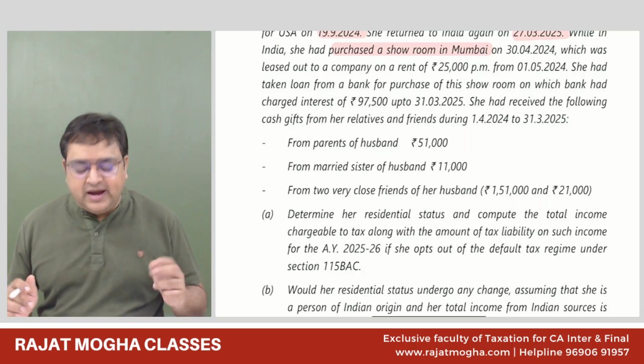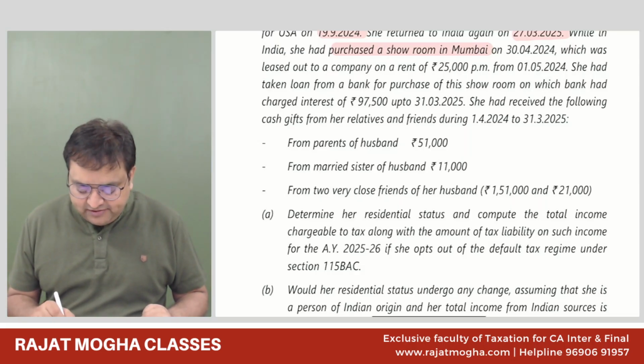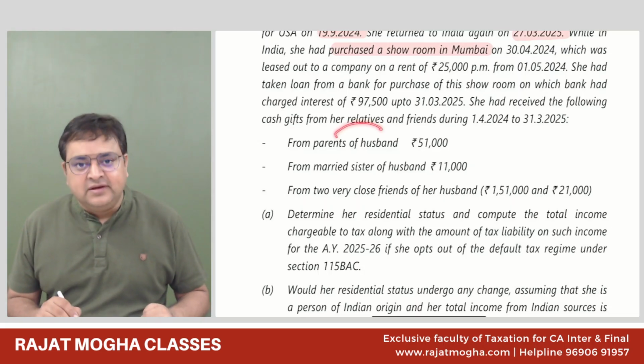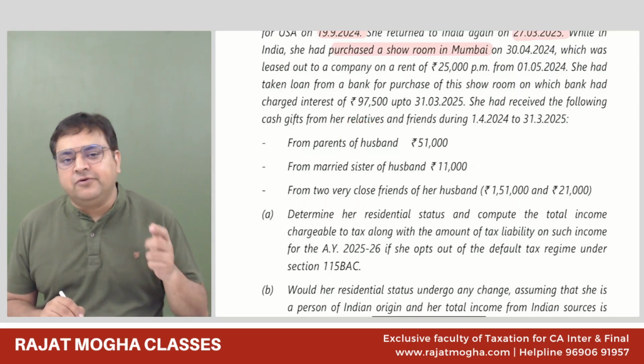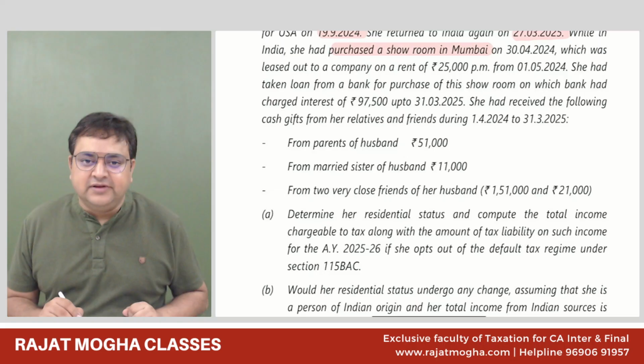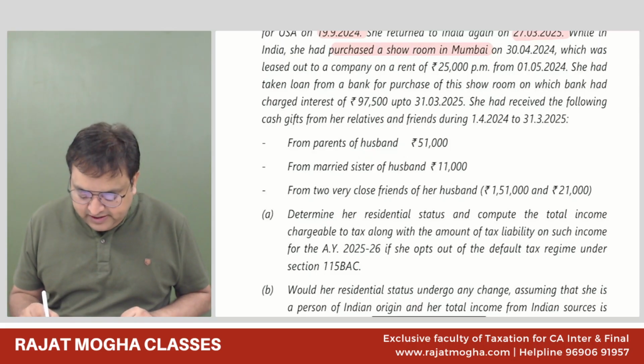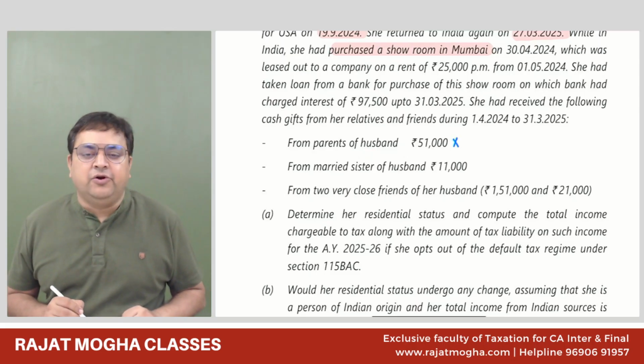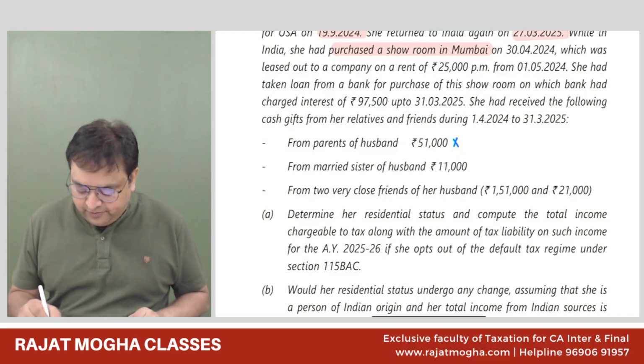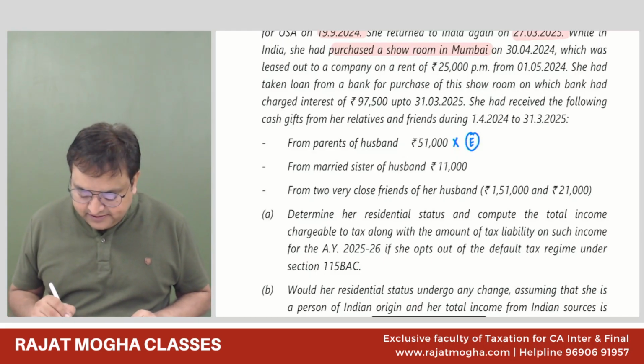Whether you can receive a gift from the husband, yes. Whether we can receive gifts from our parents-in-law, mother-in-law, father-in-law, the answer is yes. So it is actually covered under relative. So here, whatever is the amount, we will not be making it taxable. It is an exempt amount.